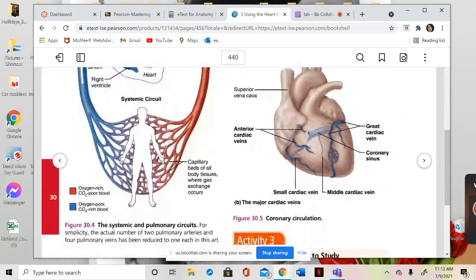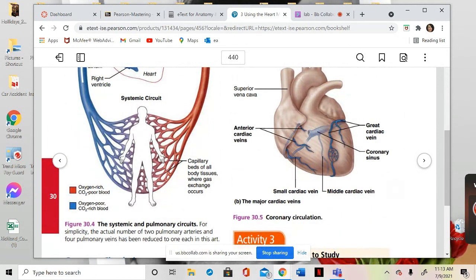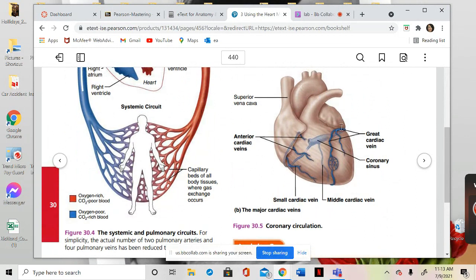The major veins, we have the great, middle, and the small cardiac vein. So the great cardiac vein is localized in the anterior interventricular sulcus parallel to the anterior interventricular artery.